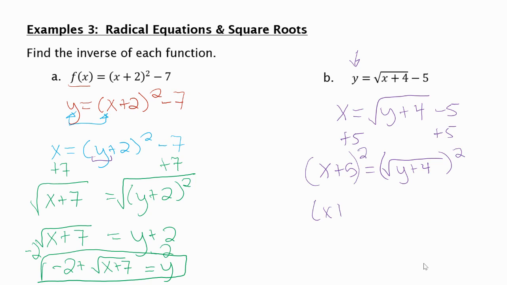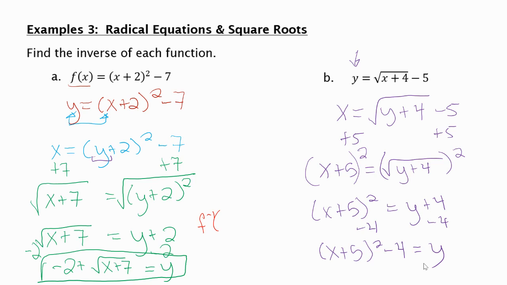This we get x plus 5 quantity squared equals y plus 4, and then we would just subtract. So if I was going to rewrite this, for this first answer, we probably would want to write our little inverse. For that one, and then for this one right as well.